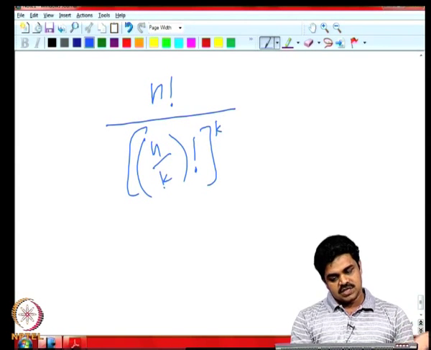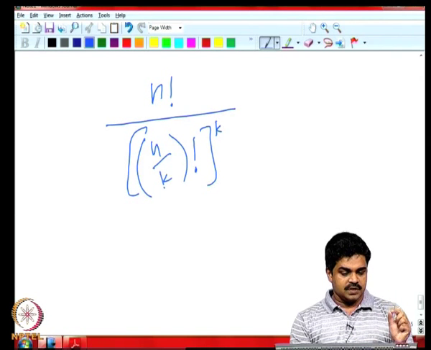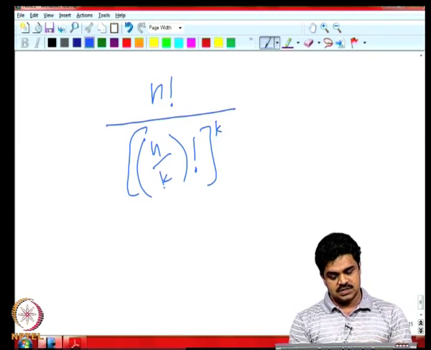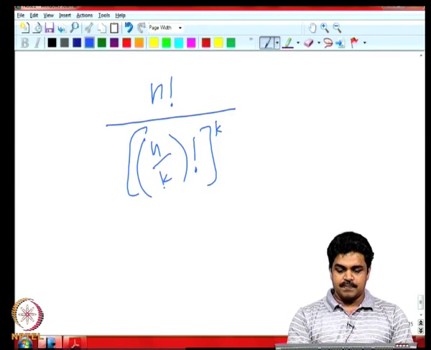From the labeled box case to the unlabeled box case, we can define a function: if this arrangement corresponds to this arrangement of the other case, then of course we map it to that.